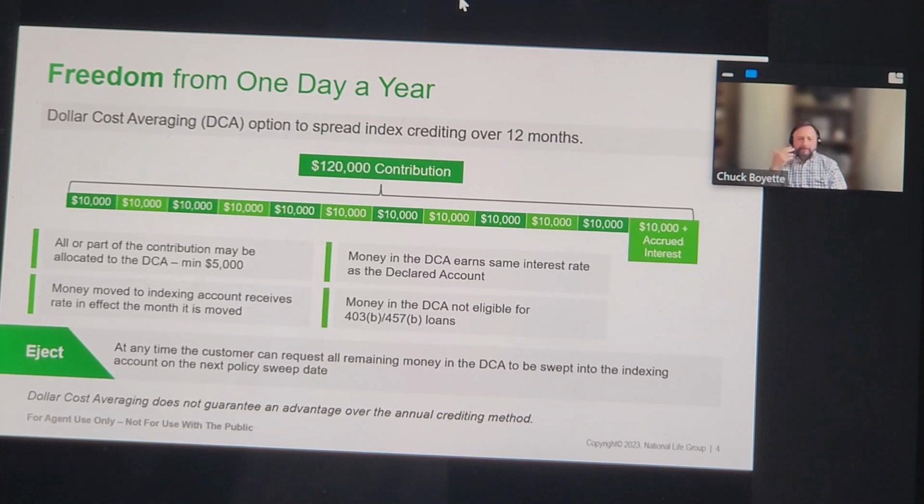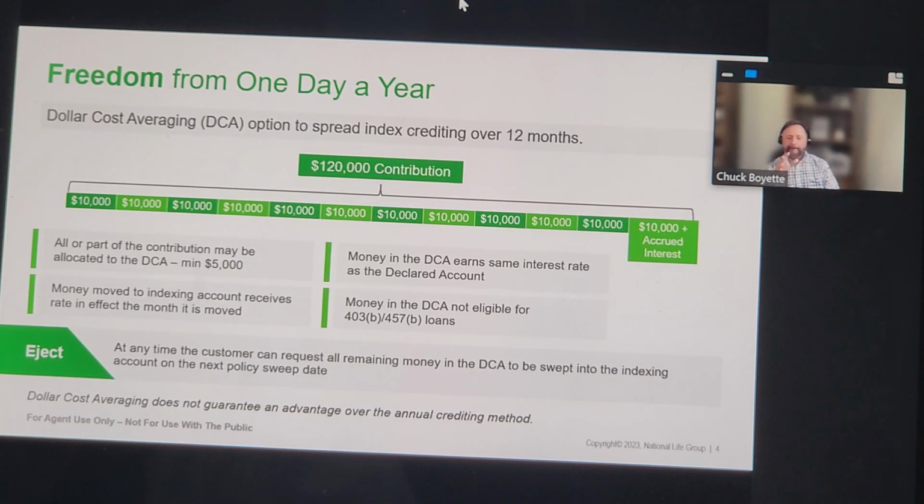So we talked about dollar cost averaging. When your client puts in a lump sum, because this is a single premium product, we do allow a dollar cost averaging feature, which will spread that contribution out into the index crediting strategies over 12 months. It just gives them more diversification.